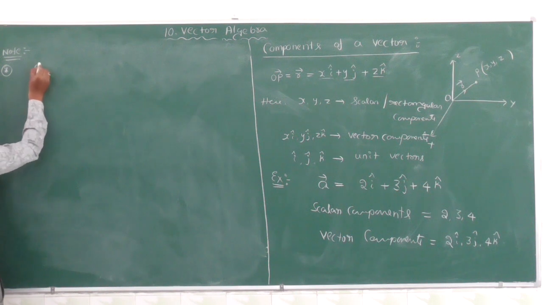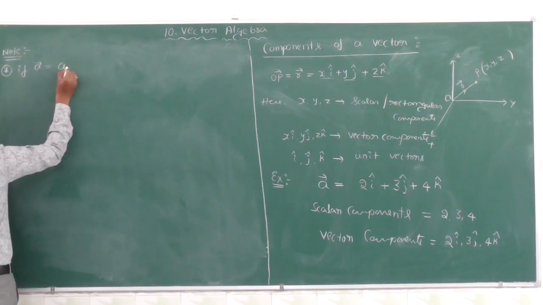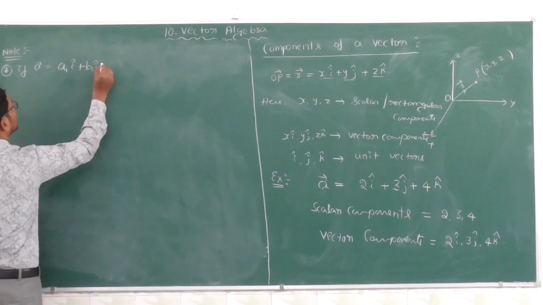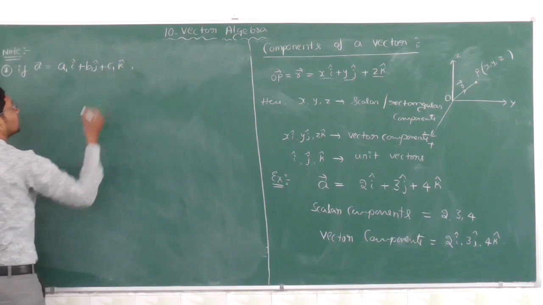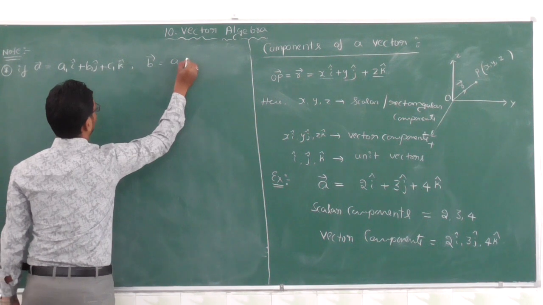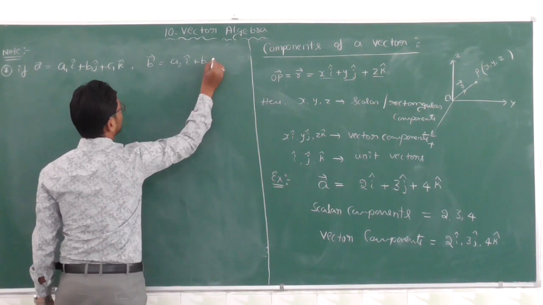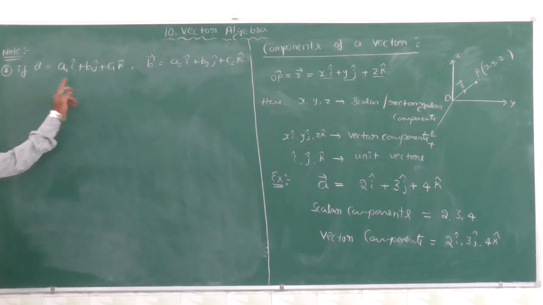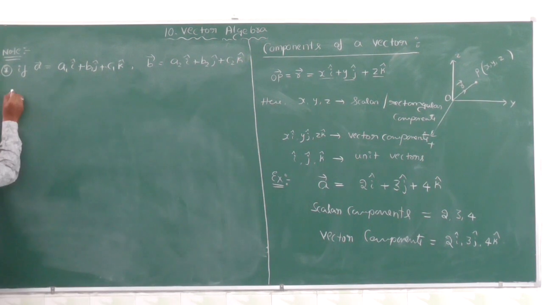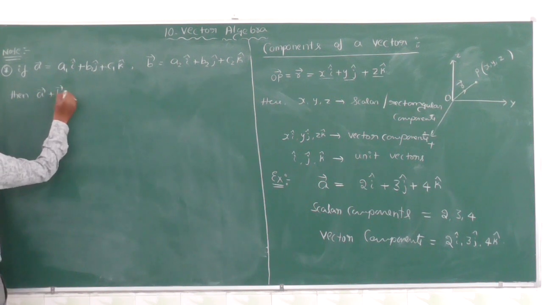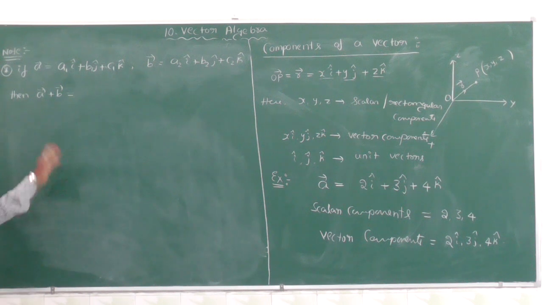Here we have the vector A equals to A1 i plus B1 j plus C1 k. Next, vector B equals to A2 i plus B2 j plus C2 k. Here we have vector A and vector B.